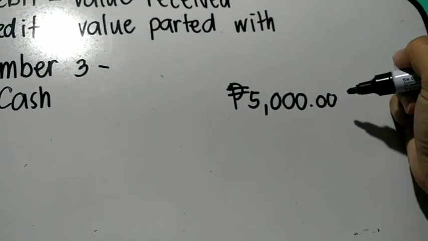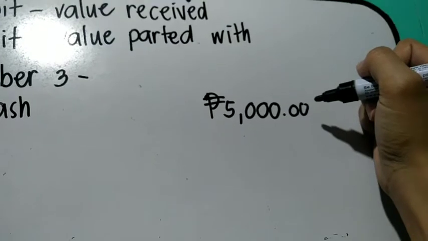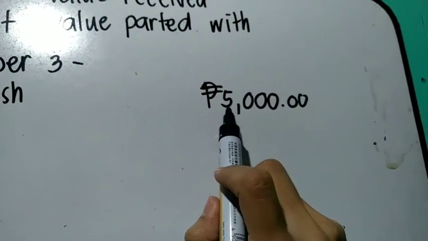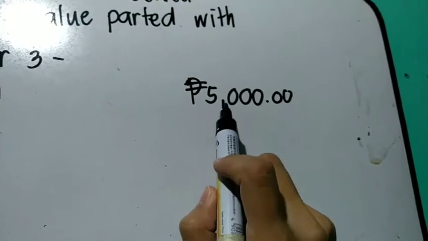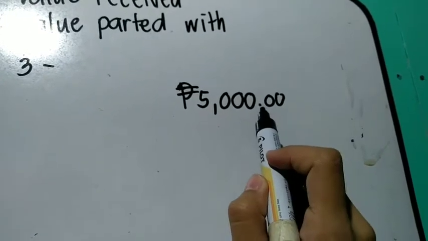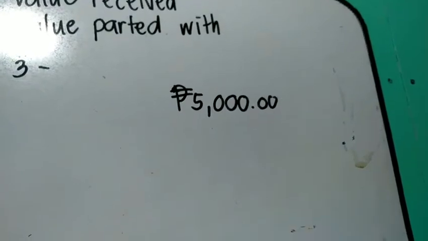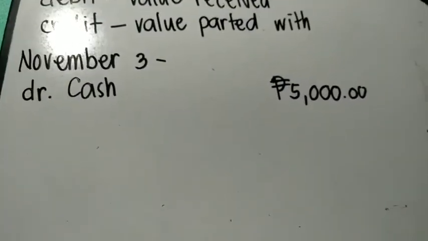Please take note on how to properly write the currency or money. You have to have your peso sign, your thousands place, and then your comma, and then your period, and then your centavos.